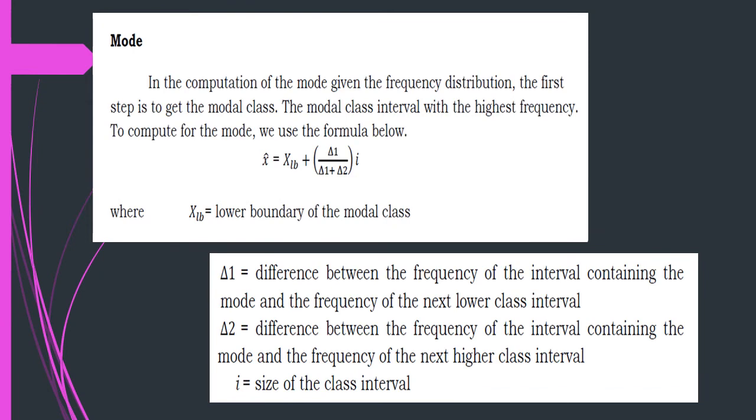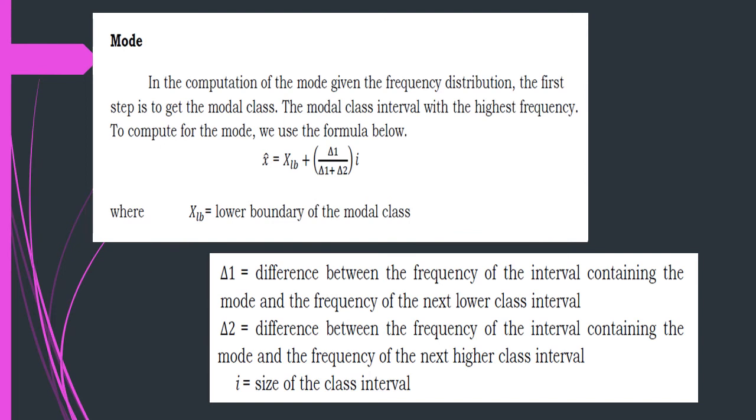Now let's move on to the mode. In the computation of the mode, given the frequency distribution, the first step is to get the modal class, the class interval with the highest frequency. To compute for the mode, we use the formula below.